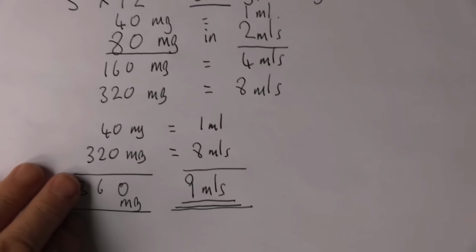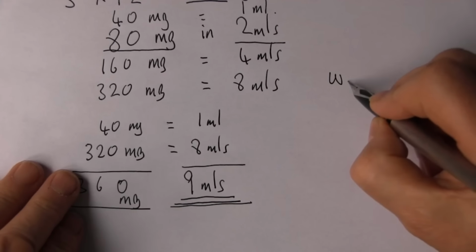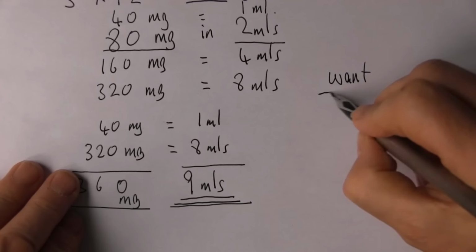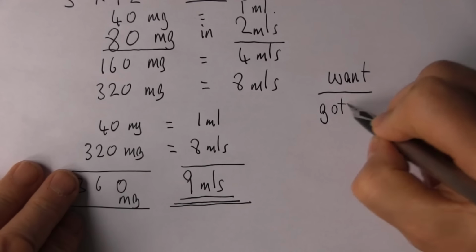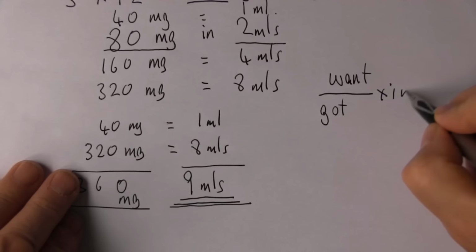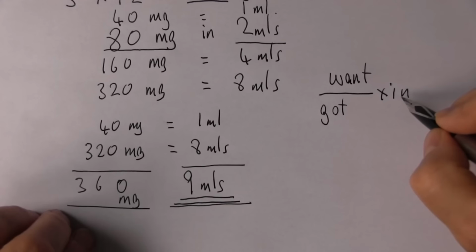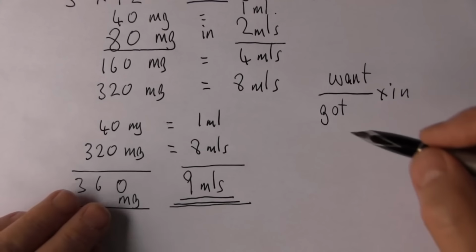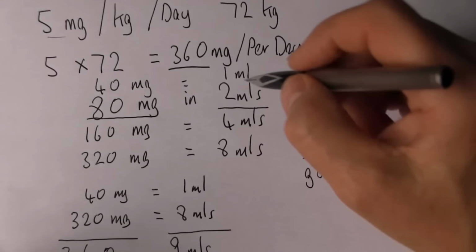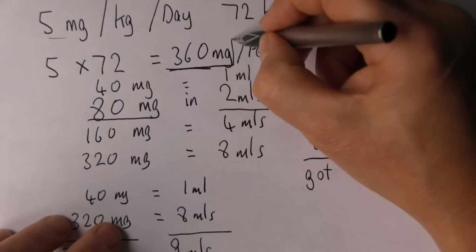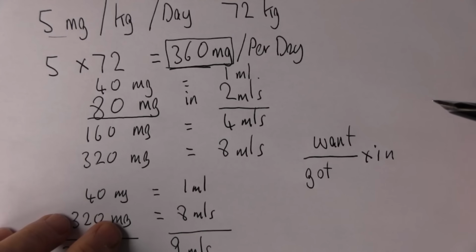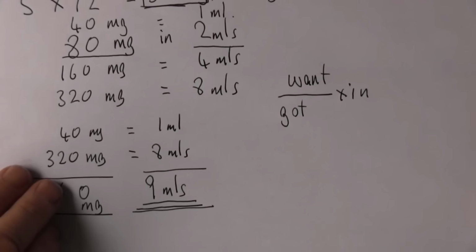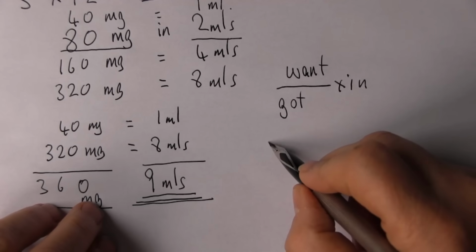But of course I can check that with the want over got times the original volume. So what I want, remember, here is my 360 milligrams per day, taking into account the patient's body weight. So what I want is 360.